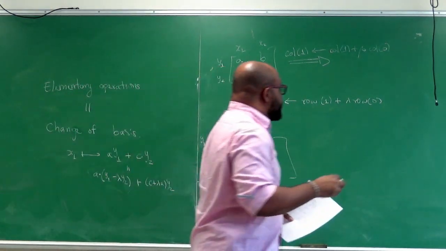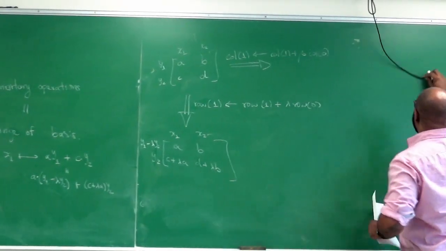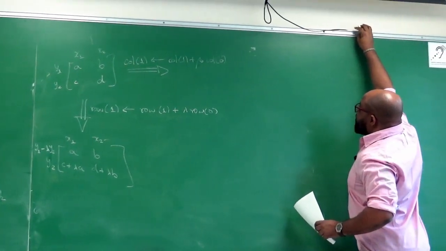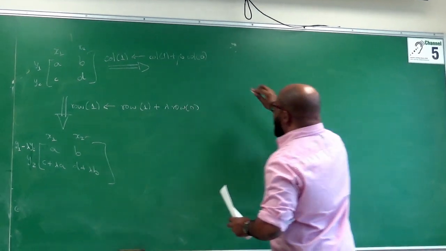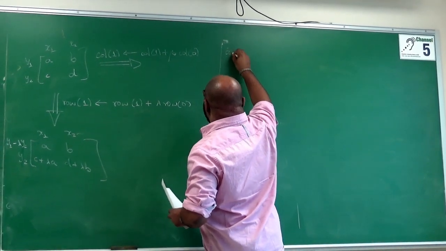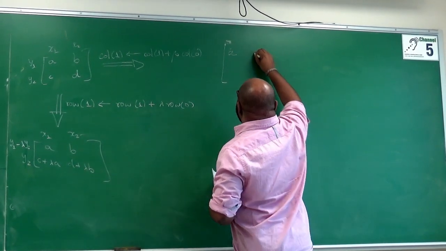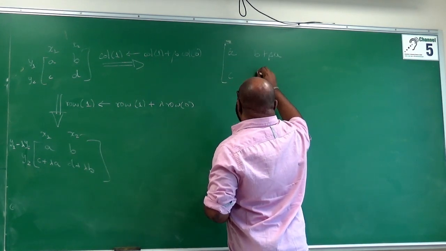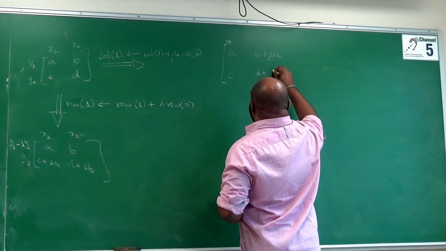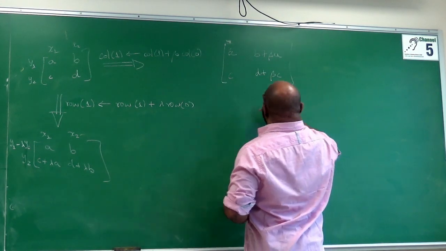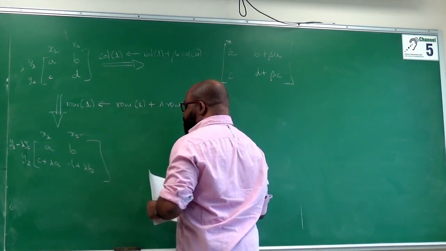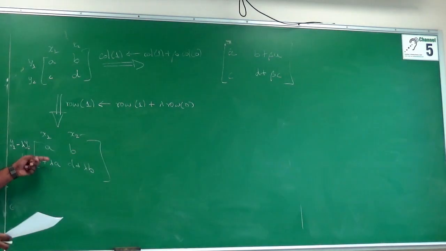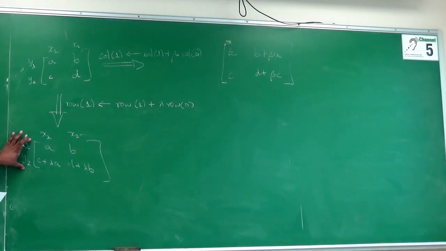So the matrix that you get now looks like A, and then here you have B plus beta A, here you have C, and this is D plus beta C. And now if row operations change the basis in the codomain, then column operations change the basis in the domain, right?